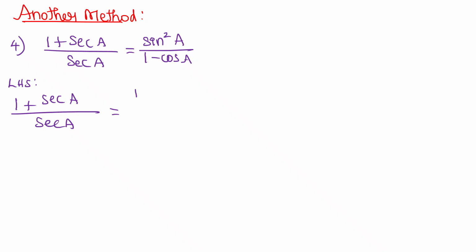This I can write as (1 plus 1 by cos A), the same thing as we have done in that method. I will write secant in terms of cos.